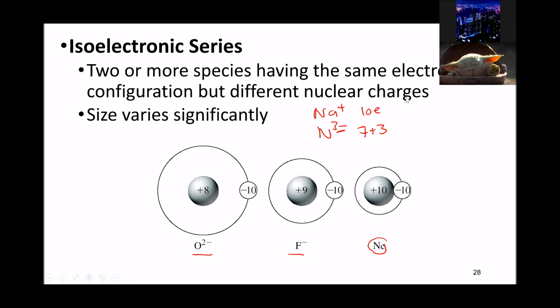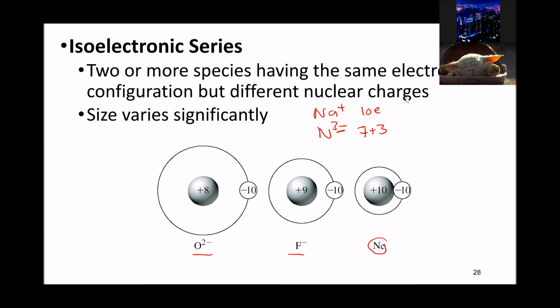Knowing this, if we want to place each one of them, where will it go? Is it going to be larger than oxide or smaller than neon? Let's start with sodium, for example. Are you expecting sodium to be larger than oxide or smaller than neon?